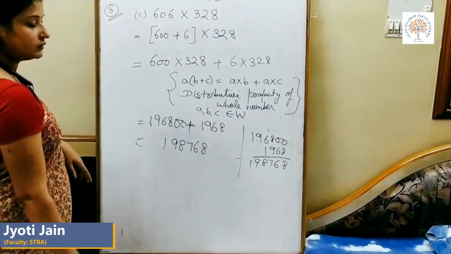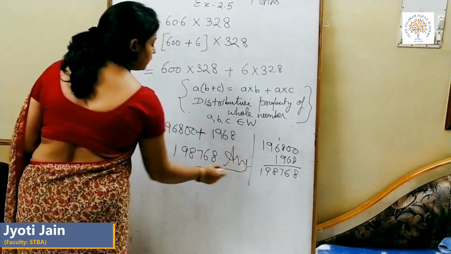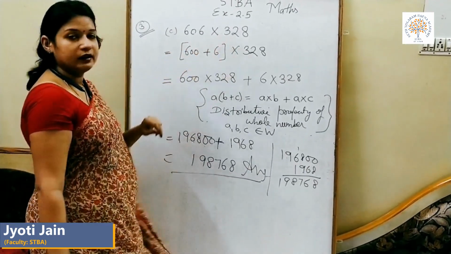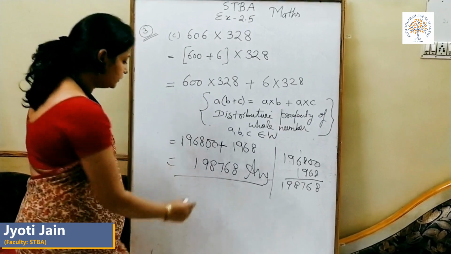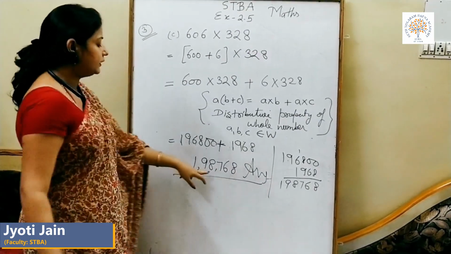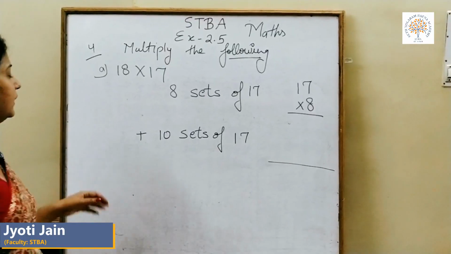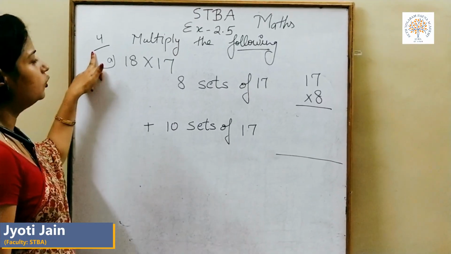So here is our final answer. When we multiply 606 by 328, we will get 1,98,768.